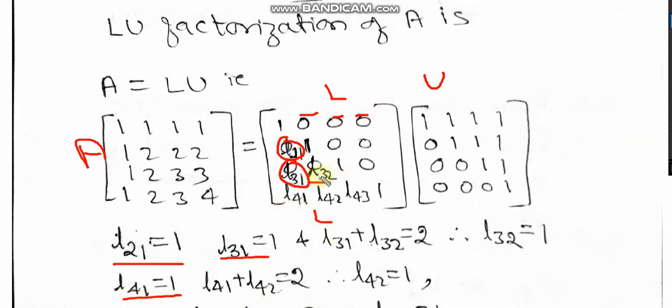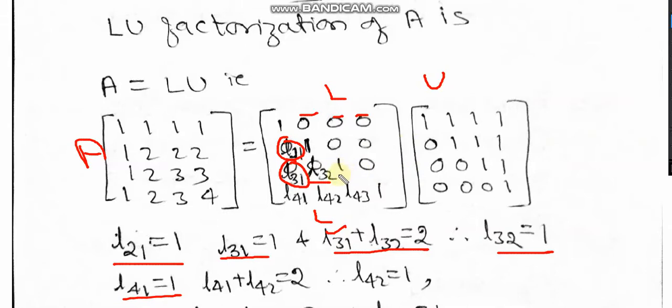And what about L32? L32 is the third row multiplied with the second column. So you have L31 plus L32 equals 0. So automatically I know L31 is 1, so L32 will also be equal to 1. Like this you can find out the values and substitute them. See, all the values you have got are 1, 1, 1. So it becomes the transpose of U, I can see, right?